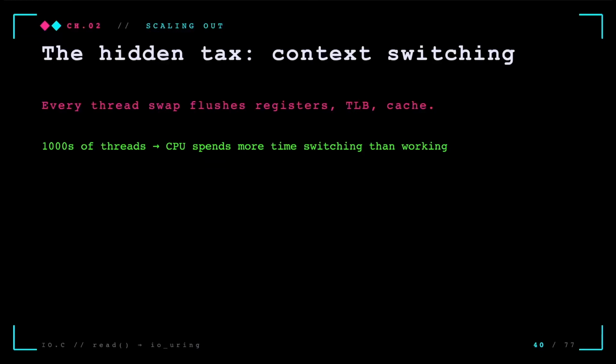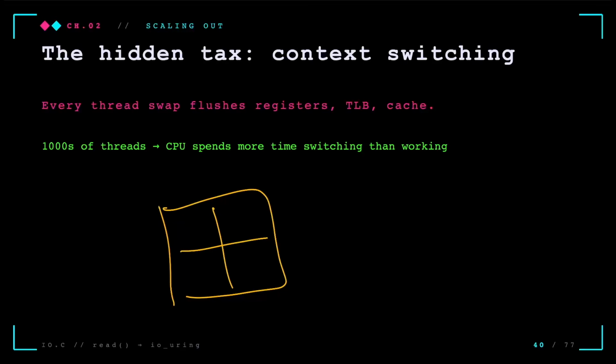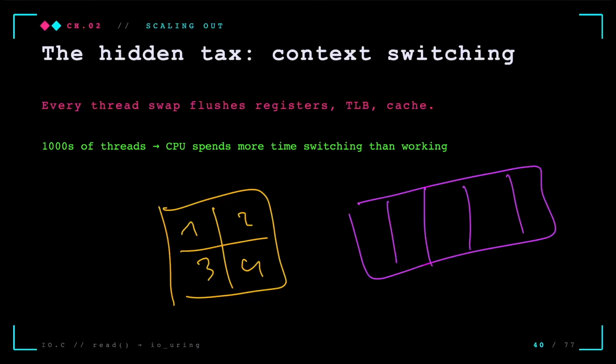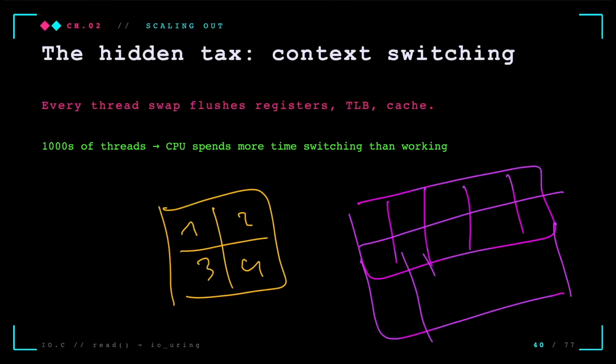However, there is another hidden tax, context switching, where every thread swap flushes registers, etc. And the idea here is that if you have, for example, a 4 core CPU, and you have lots of threads that are running. That's still not a lot, but let's suppose it is.